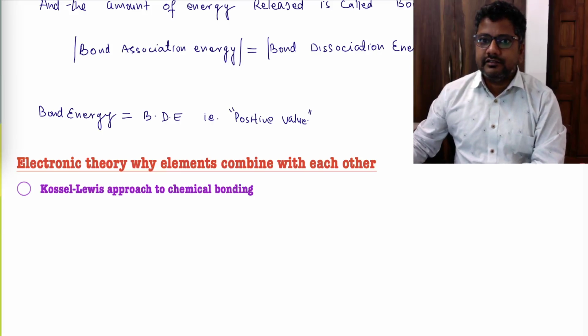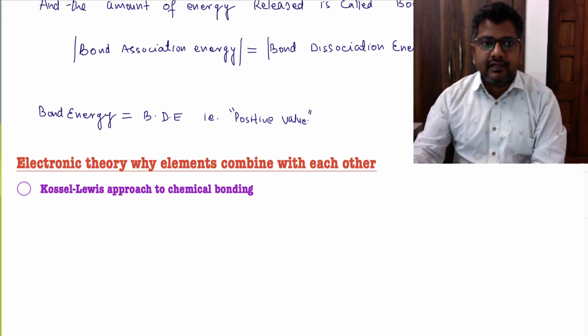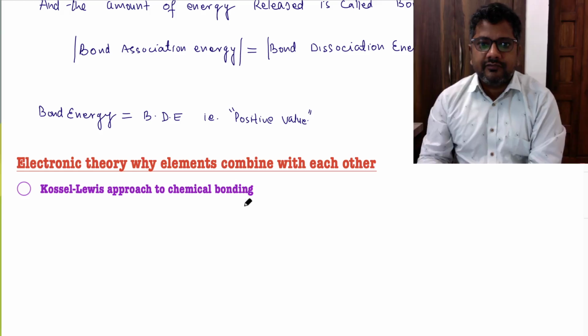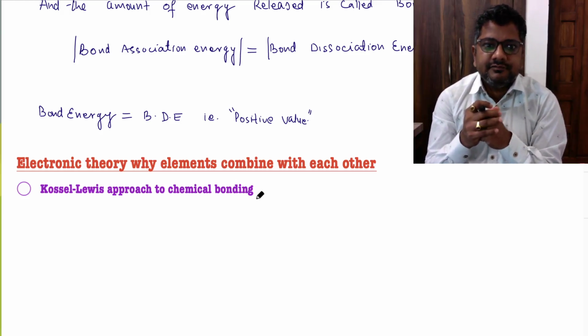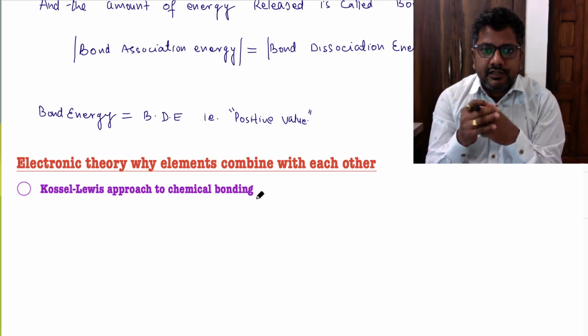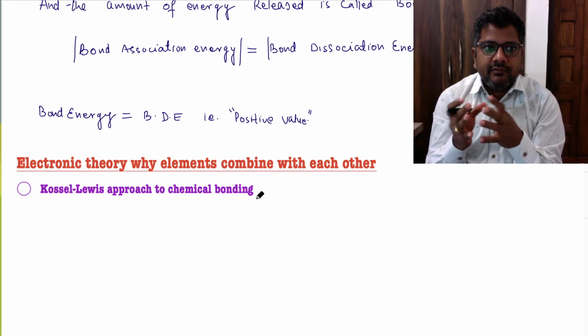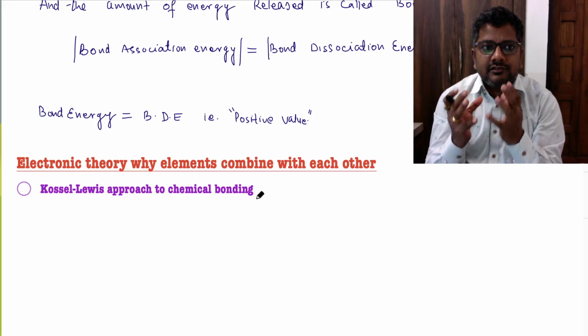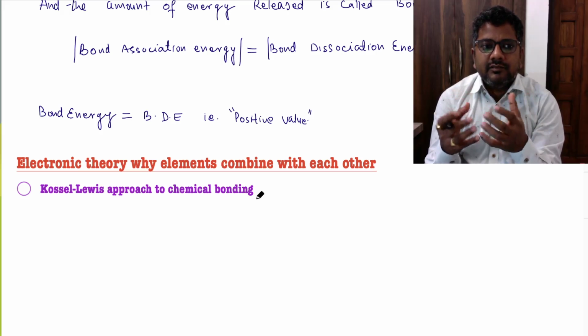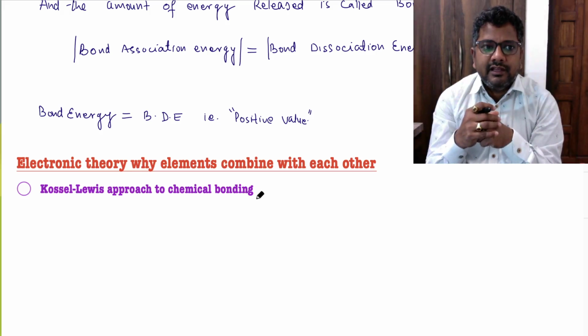Well, dear students, in the last lecture, we developed our idea about the practical and experimental facts of why elements combine with each other, right? Now, in this lecture, we will develop the idea of the theoretical concept: how, on the basis of theory, to explain why elements combine.